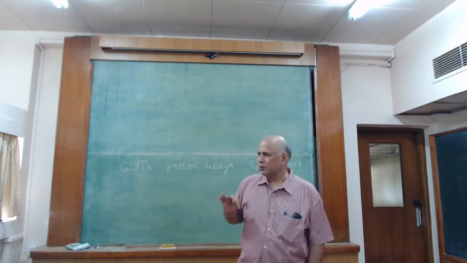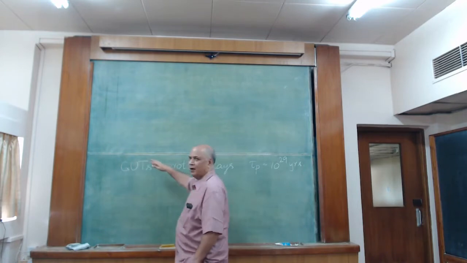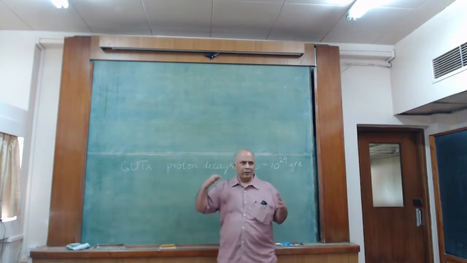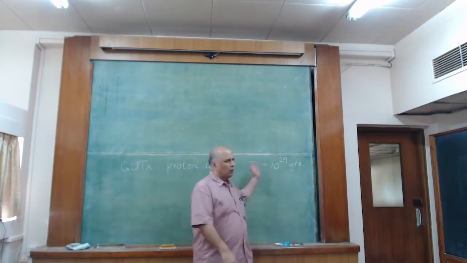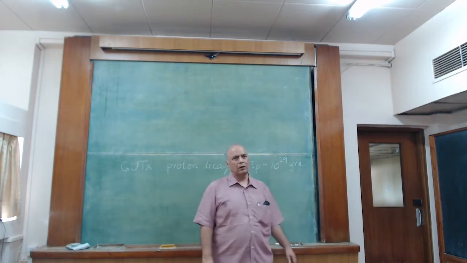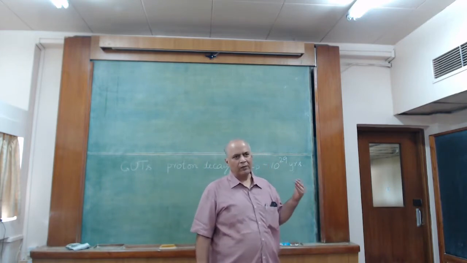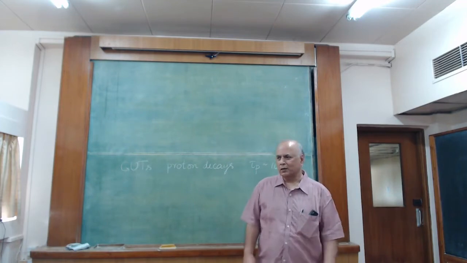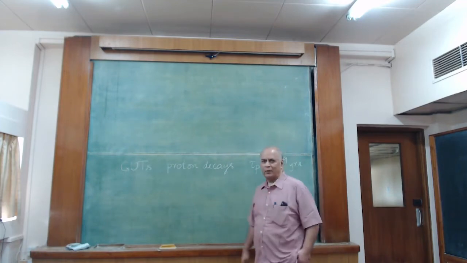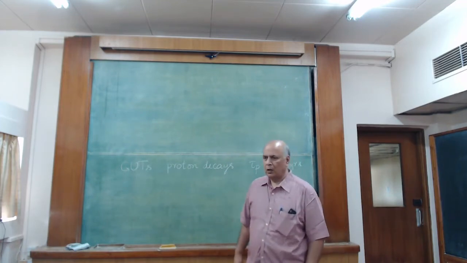They put some other constraints on this grand unified theory, and based on those constraints, one could predict the lifetime of proton, and the answer came out to be about 10 power 29 years.